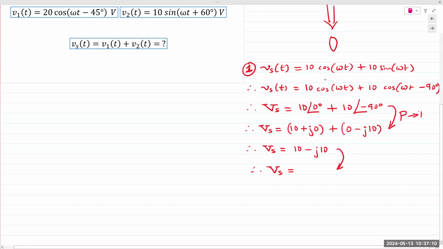This is polar to rectangular. This is rectangular to polar. And 10 minus J10 gives me a magnitude of 14.14 with an angle of minus 45 degrees.